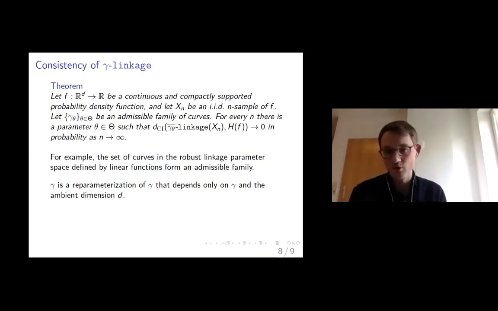This should take the form of telling you for every sample size n, I choose a parameter. Then as I look at bigger and bigger samples, I change my parameters to be appropriate with the size of my sample. In this way, I get a sequence of hierarchical clusterings, both changing the sample and changing the parameter.